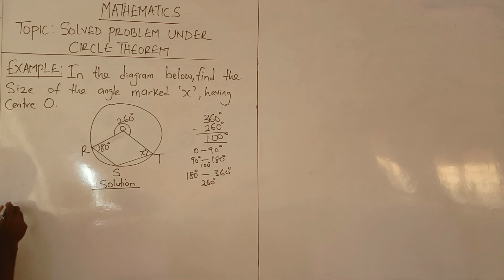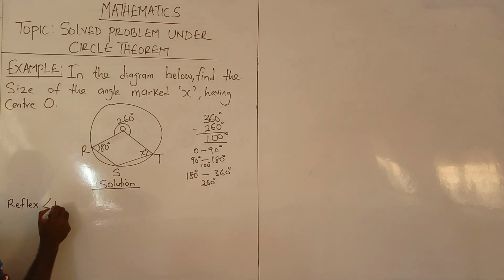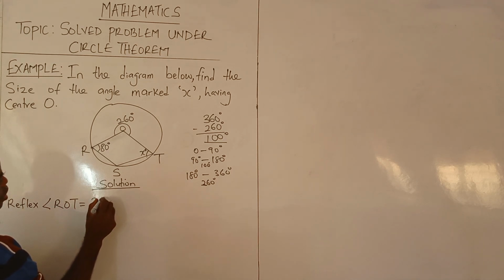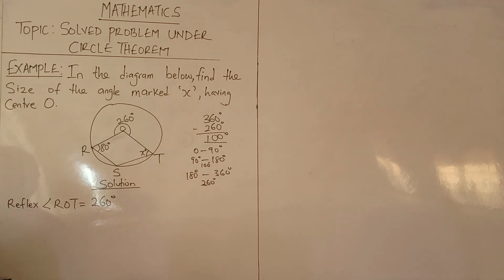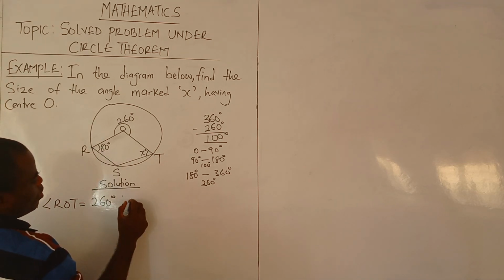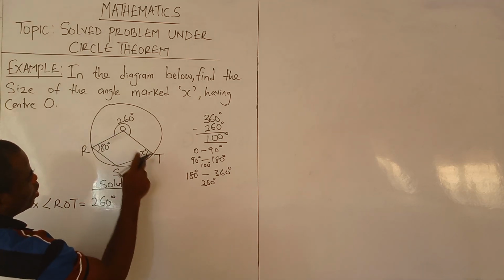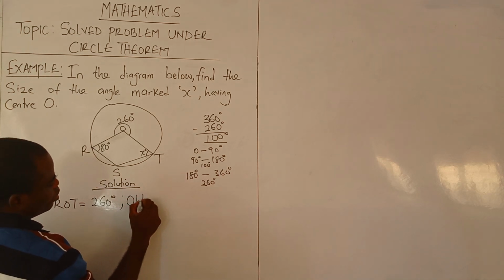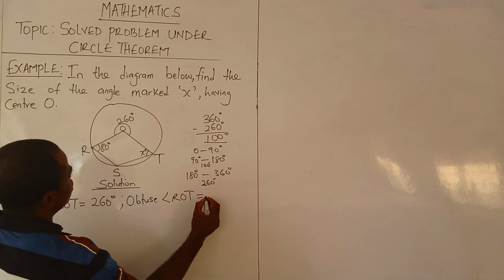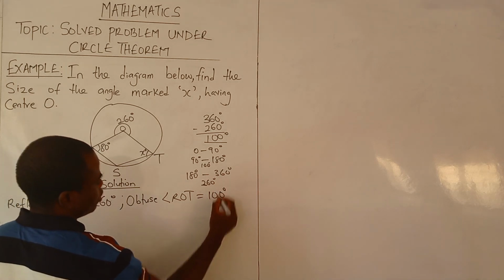Okay, now you can say reflex angle ROT equals 260 degrees. This is obtuse angle ROT equals 100 degrees.